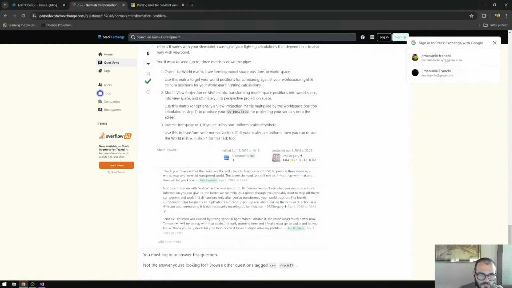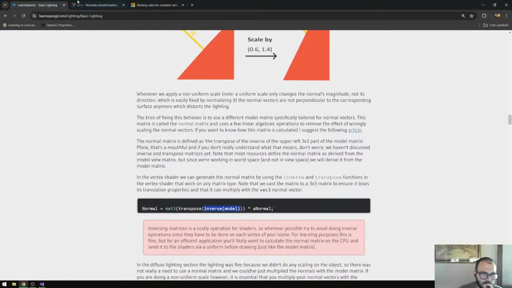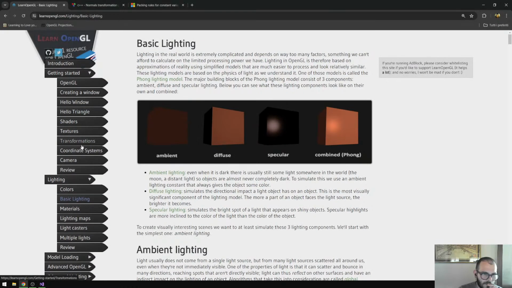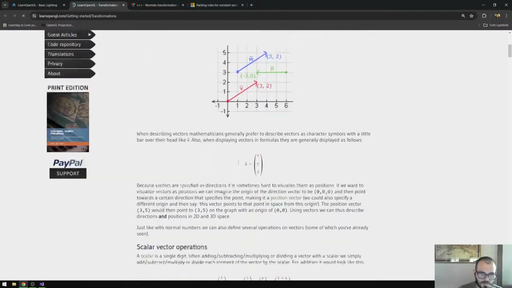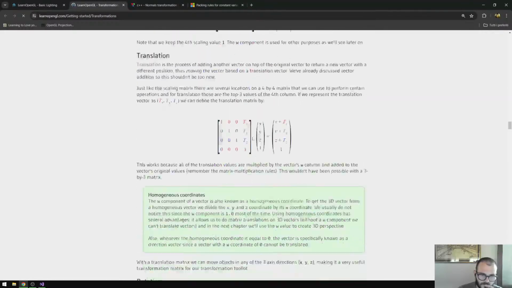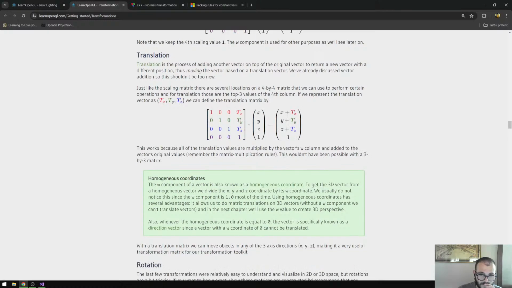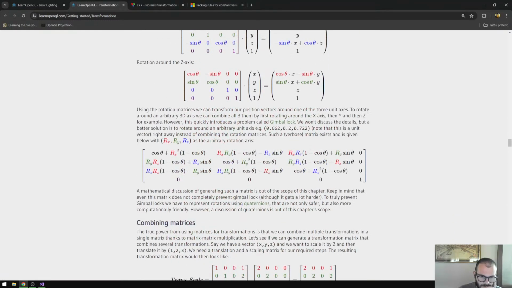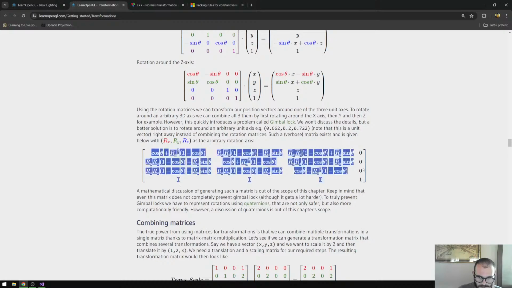So I'm not really convinced of this. Because with the transformations you can clearly see that the translation is something like this. The rotation gets like this.